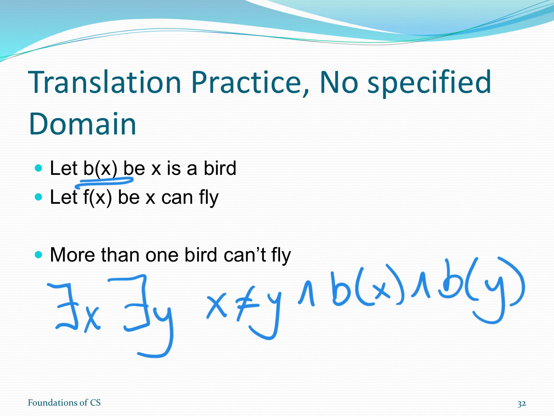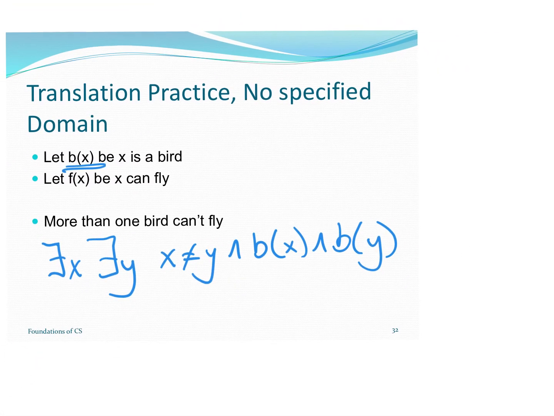Let me shrink this a little bit. And it's the case that X can't fly, so not F of X. And it's the case that Y can't fly. So that's one big statement. And we need to put parentheses around all of that.